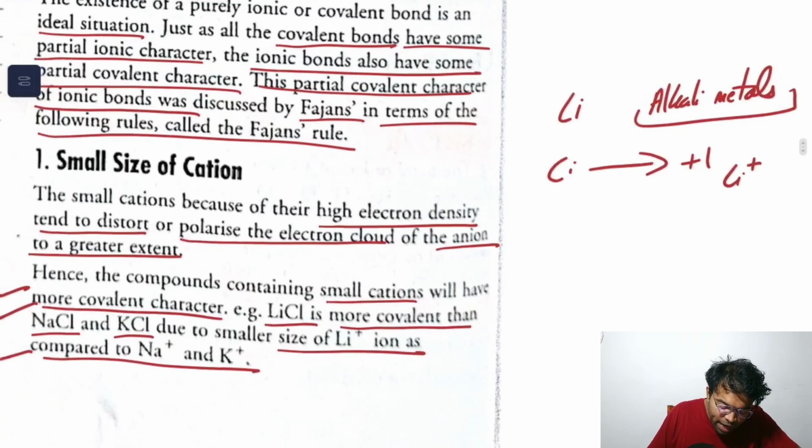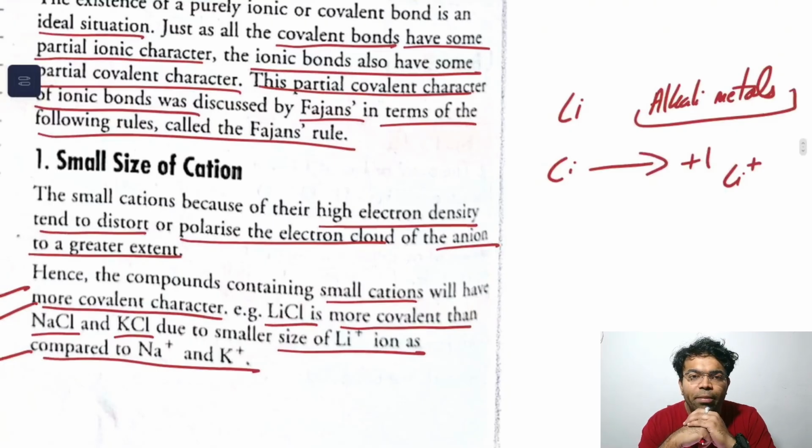Hence the compounds containing small cations will have more covalent character. Lithium chloride is more covalent than sodium chloride and potassium chloride due to the small size of the lithium ion as compared to that of sodium and potassium. So sodium and potassium, because of the larger size, have more ionic characteristics compared to lithium.